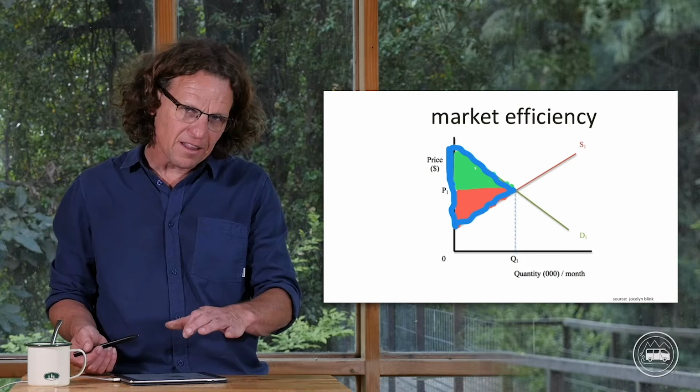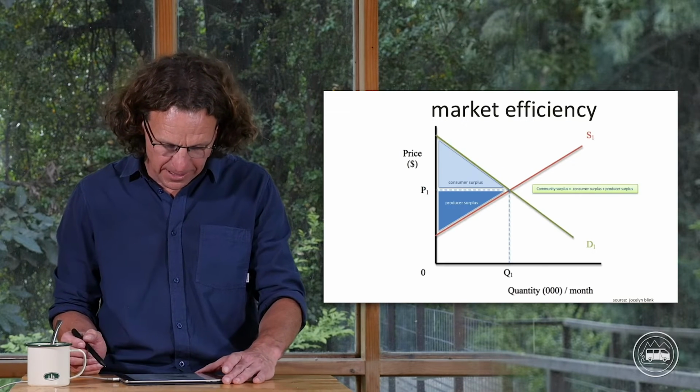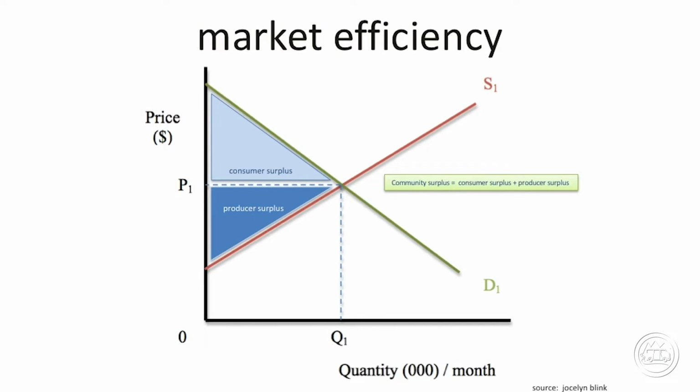Okay? So let me clean that up a bit. Take a look at the next slide, and there you have it. Okay? Check it out. This is pretty cool. There's consumer surplus, there's producer surplus, and you add those together. Sorry, community surplus equals consumer surplus plus producer surplus, and good night.